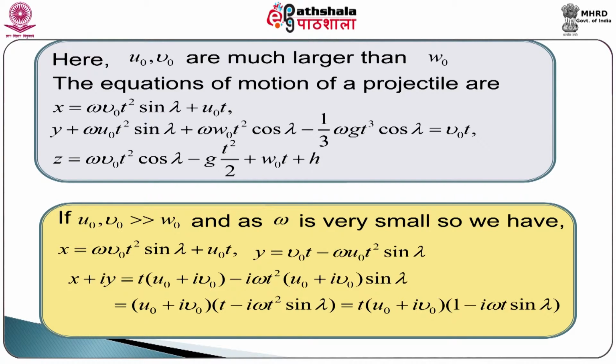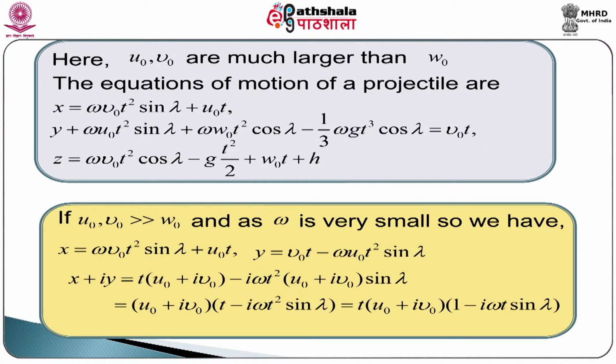If u0 and v0 are much greater than w0, and as omega is very small, we have x equal to omega v0 t square sin lambda plus u0 into t, y equal to v0 into t minus omega u0 t square sin lambda.